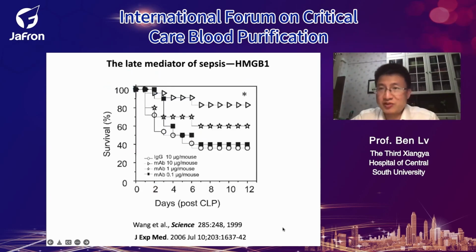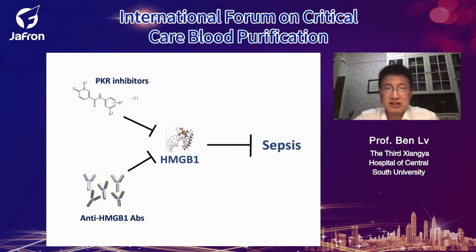This is a monoclonal antibody, and we can see a dose-dependent response. If you raise the dose of the neutralizing antibody against HMGB1, you can see significantly improved survival in this murine model of sepsis. So to summarize, if we inhibit PKR or use the neutralizing antibody, you can protect mice from sepsis.